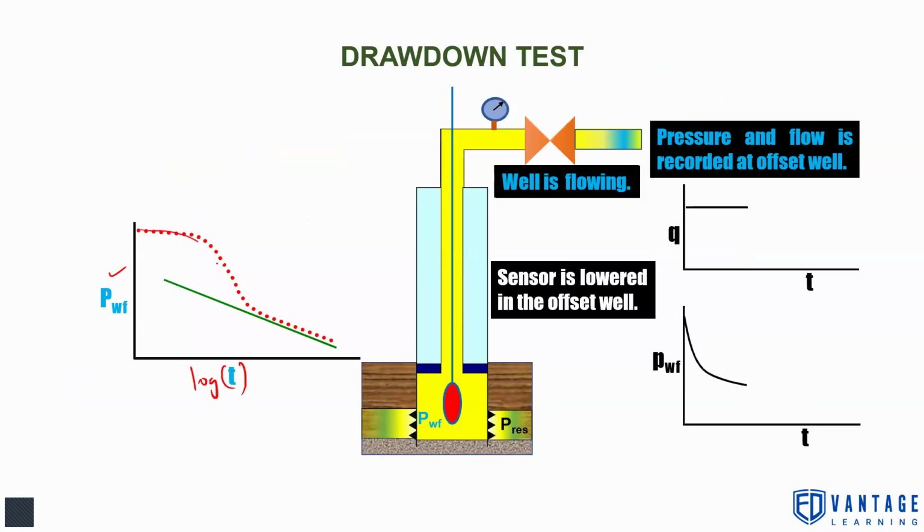One is ETR, the early time region, and second is the mid time region, or middle time region. In the early time region, the wellbore effects start dominating, or the pressure wave hasn't yet reached the virgin reservoir. But once the slope is constant in the mid time region, that is the useful data for us, both in drawdown as well as build-up tests.